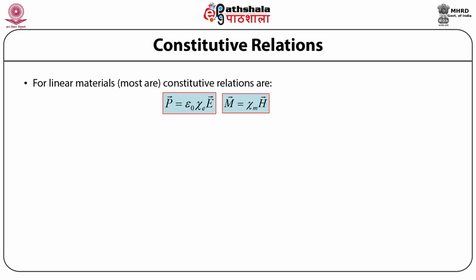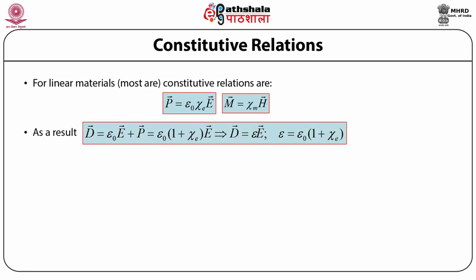And thus, we can write down the relation for the electric displacement vector D as being equal to epsilon naught times the electric field vector E plus the polarization vector P. And using the definition of the polarization vector as defined above, we can rewrite the equation for the electric displacement vector as epsilon naught times [1 plus xi_E] times the electric field vector E, and this can be further written as D is equal to epsilon times E, where epsilon is equal to epsilon naught times [1 plus xi_E].